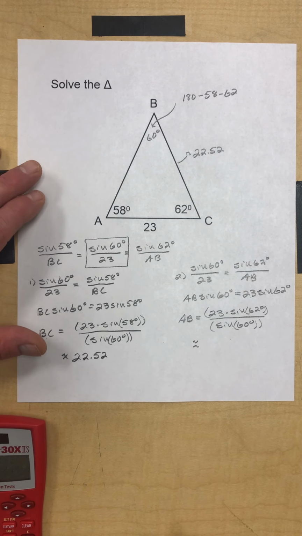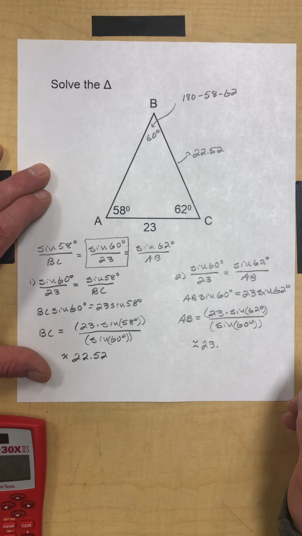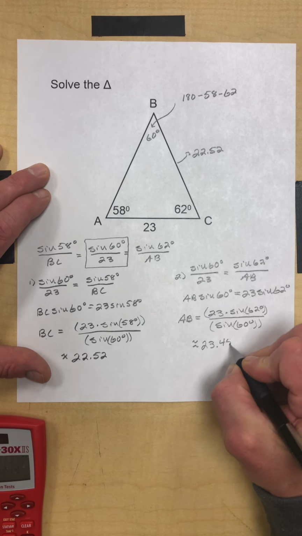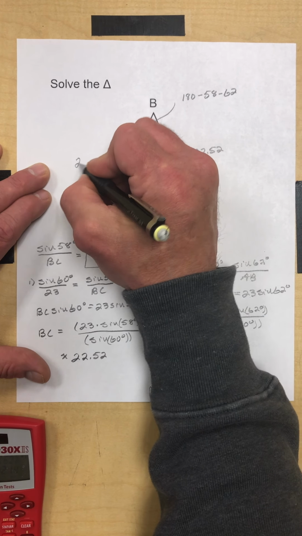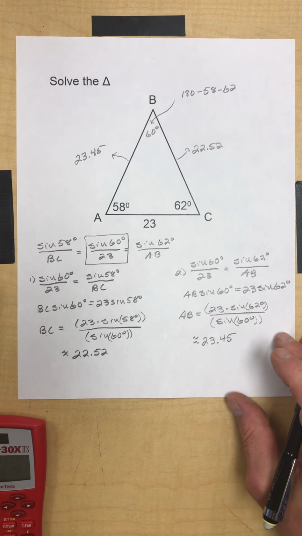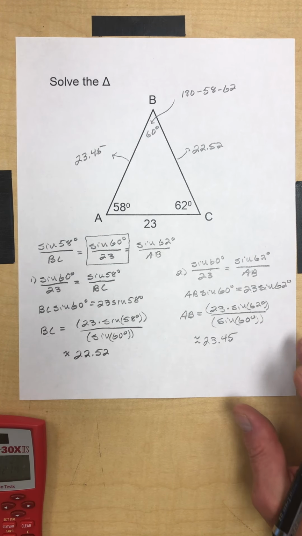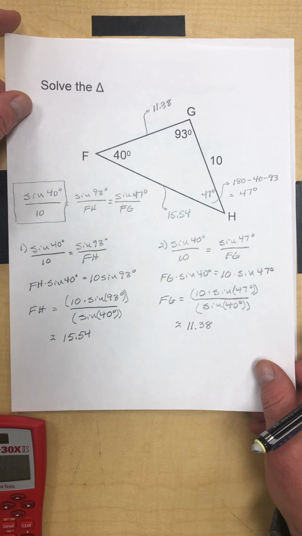And I round off, and I am getting 23.45. Okay, so this side right here is 23.45. Okay. All right, so that takes care of the first example dealing with two angles and a non-included side, and then two angles and an included side.